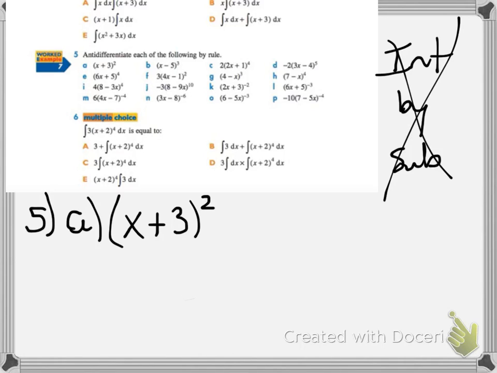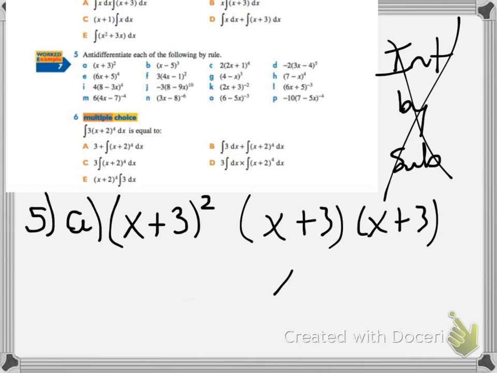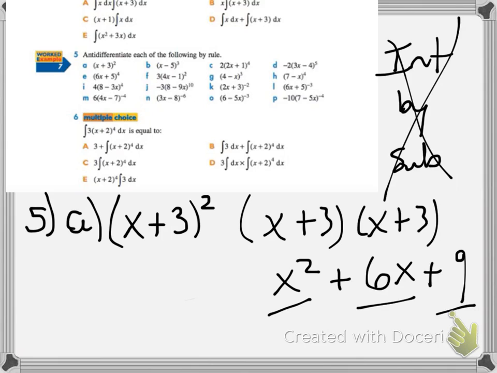So like in part A, x plus 3 quantity squared is x plus 3 times x plus 3. You get x squared plus 6x plus 9. And now you can take the antiderivative of each term, just like we did in the last couple examples, to find the antiderivative of this.